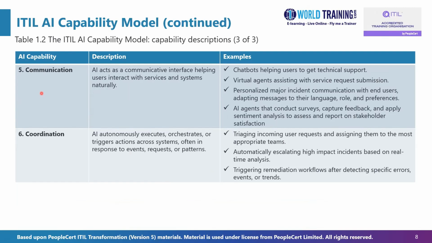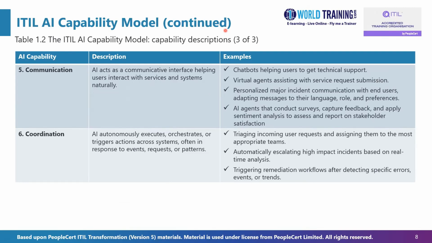Number 5 is communication, wherein AI acts as a communicative interface, helping users interact with services and systems naturally. So, for example, chatbots for users to obtain technical support, or virtual agents assisting with service request submission. For example, a request being put in for a software license or a laptop or a document request. It can also mean personalized major incident communication with end users, adapting messages to their language, role, and preferences.